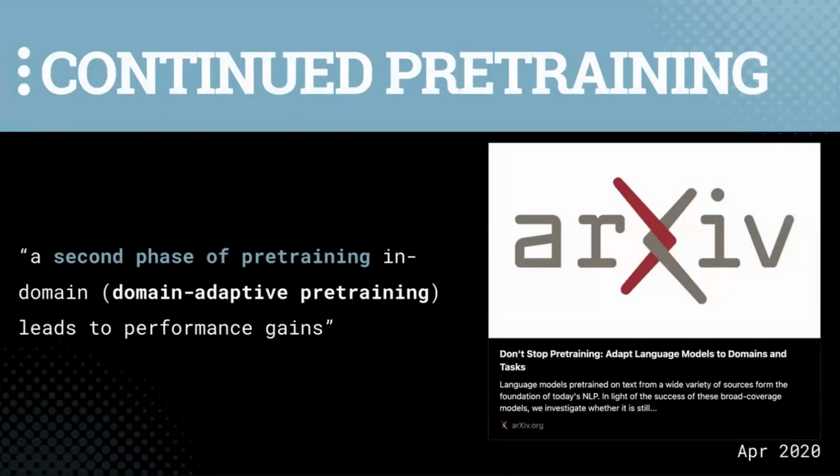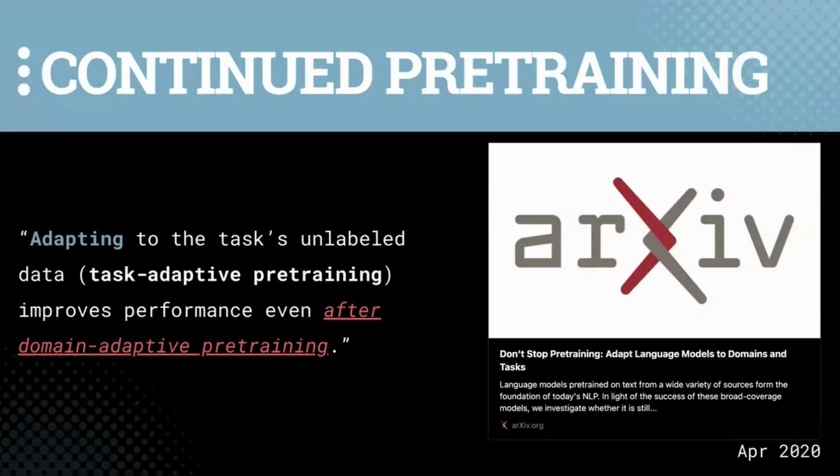April 2020. It's called Don't Stop Pre-Training. Turns out a second phase of pre-training in domain, called domain adaptive pre-training, can lead to performance gains. But that's not all. Adapting to a specific task instead of a specific domain can also improve performance, even after domain adaptive pre-training.